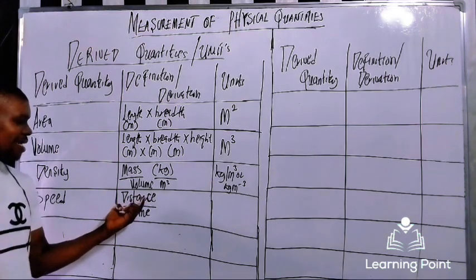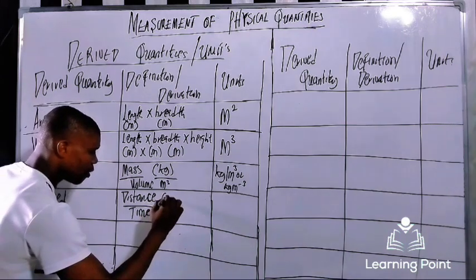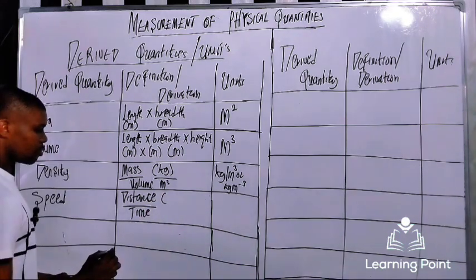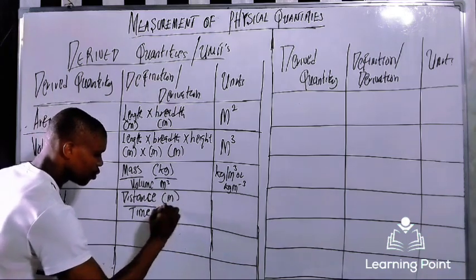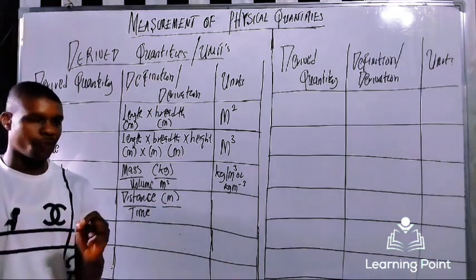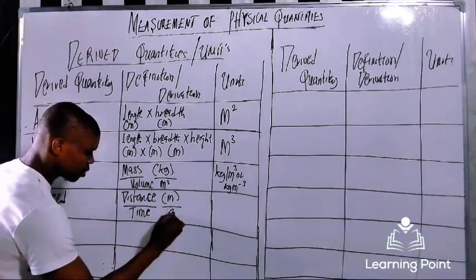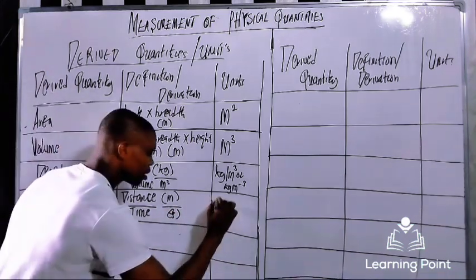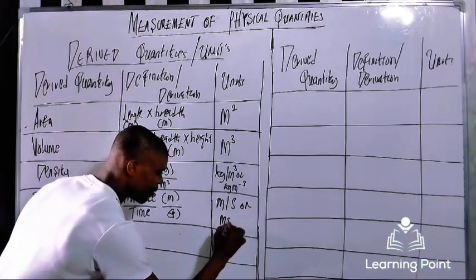Now, remember, distance is just like length, which is going to be meter. Time is a fundamental quantity, which is seconds. So it will be meter per second.